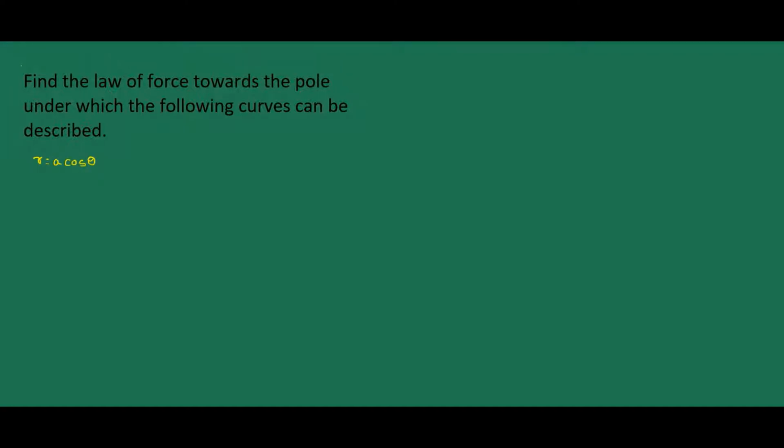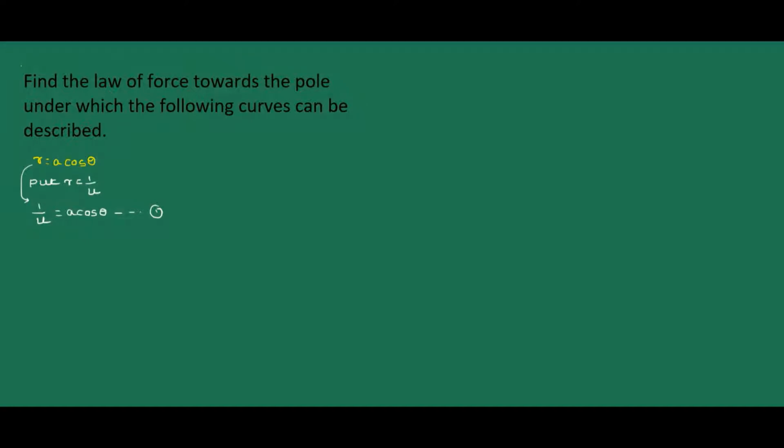So first step, we have to substitute the value for r is equal to 1 by u. So put r is equal to 1 divided by u. So if we substitute this, 1 divided by u is equal to a cos theta, and say this is equation number 1.